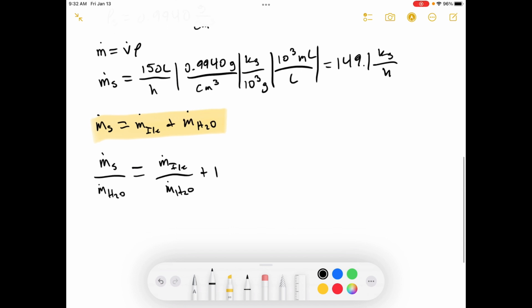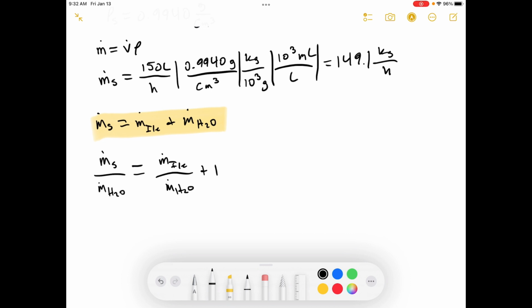Now we know that this term here needs to be per 100 grams of water in order to be R. So let's turn this into R.